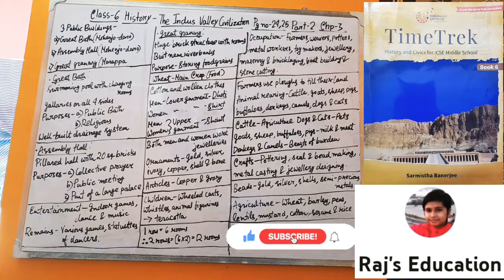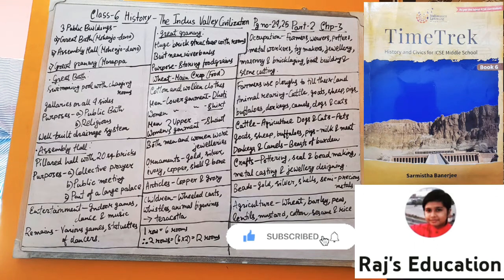Now comes the Assembly Hall. It is located in Mohenjo-daro, and it is also one of the important structures located there. What is the structure of the Assembly Hall?